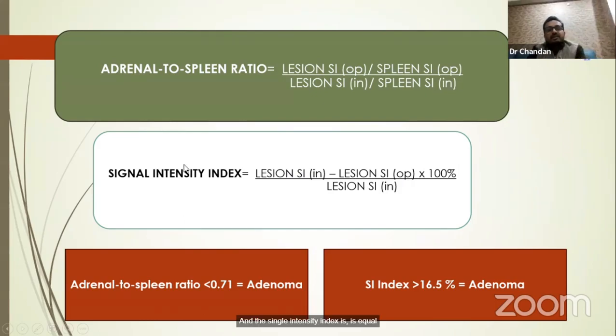And the signal intensity index is equal to lesion signal intensity in phase minus lesion signal intensity in opposed phase, times 100%, divided by lesion signal intensity in phase. So an adrenal-to-spleen ratio less than 0.71 is diagnostic of an adenoma, and a signal intensity index greater than 16.5% also indicates in favor of an adenoma.